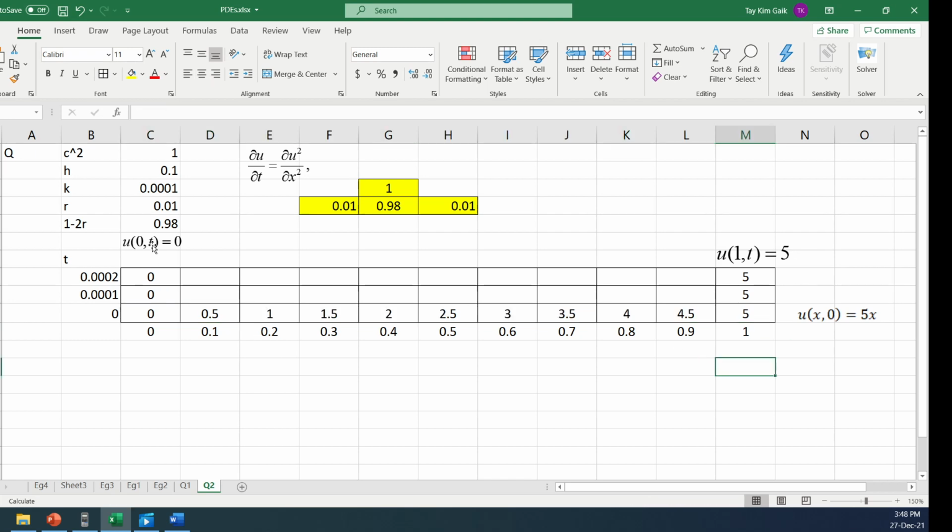So we have filled up the left boundary, which is 0, and the right boundary, which is 5. The initial condition is u(x,0) equal to 5x, meaning 5 times the x value. Okay, after that, using the molecule, the cell that you target is actually 0.01 times your left bottom cell, plus 0.98 times the center bottom cell.